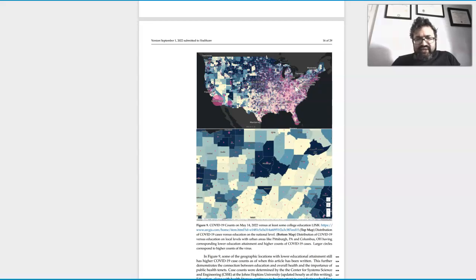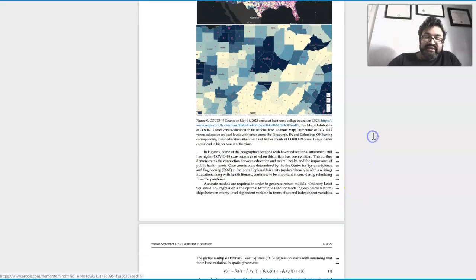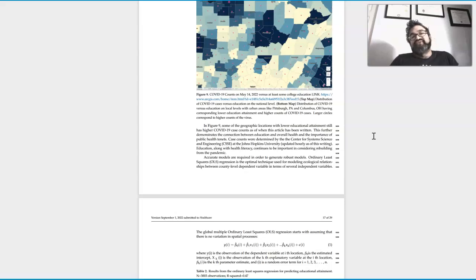But you can see the geographic distributions, and you can see the spatial variability of not only our dependent or outcome variable, which is educational attainment, but also all of the explanatory or independent variables. These spatially vary as well.